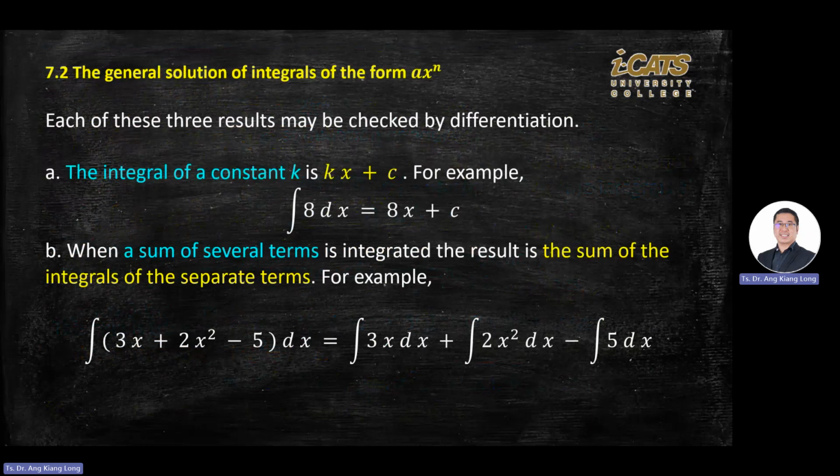This only applies to individual plus and minus signs. Then you do the rest using the previous general formula. For this case, you arrive at 3 divided by 2x squared plus 2 divided by 3x cubed minus 5x plus c.